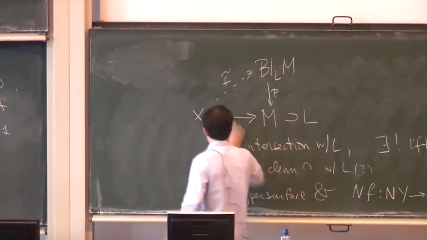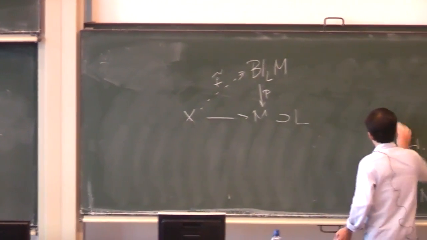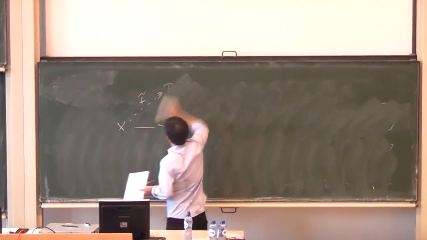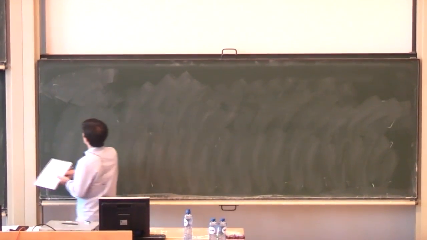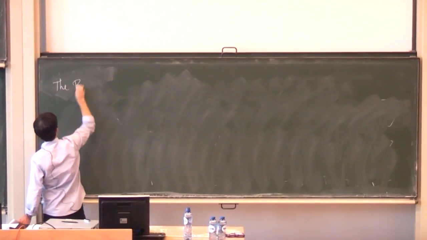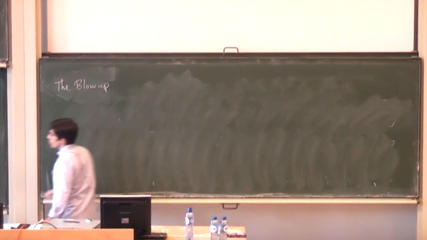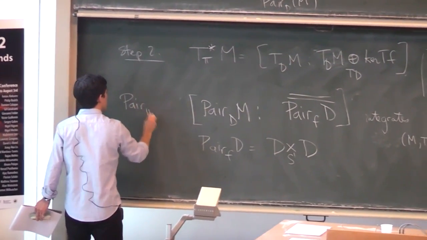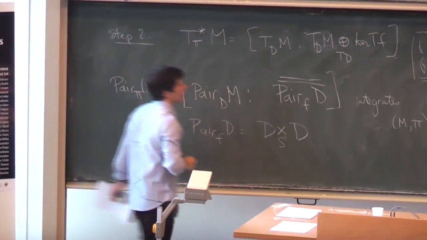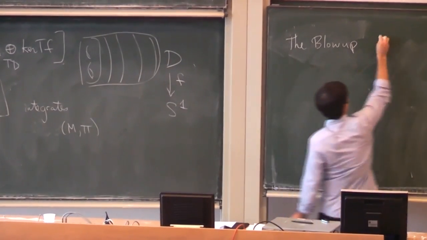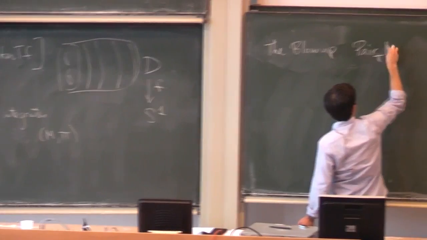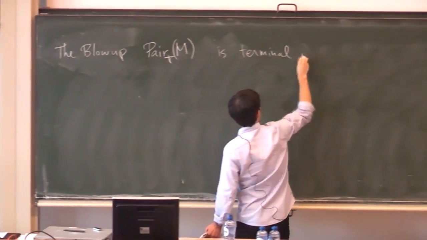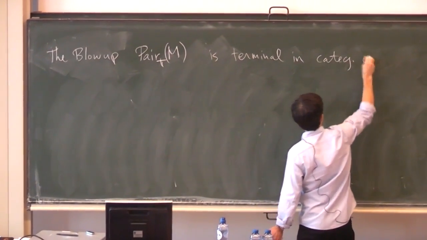So the question. Let's say it like this. The blow-up, which I'll just give a name, I'll call it pair pi of M. So this blow-up is a terminal object in the category of integrations.